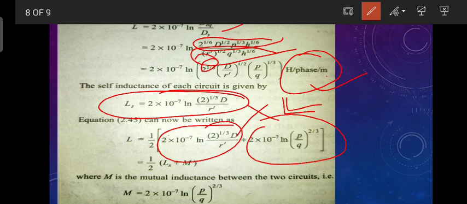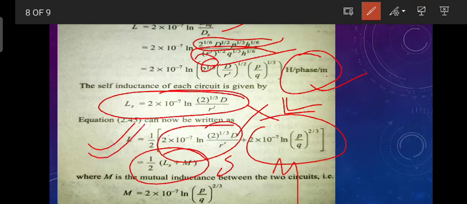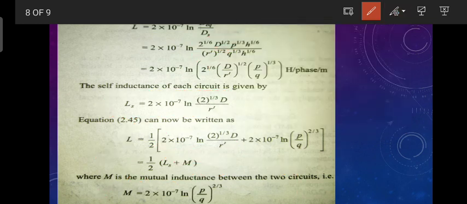This is our self, this is our mutual. So by combining this we will get the equivalent, that is L is equal to 1 by 2 into Ls plus M, that is 1 by 2 into self inductance plus mutual inductance. This is our mutual inductance. Okay, please take a screenshot. I think we have done. So it's complete. Thank you for watching.